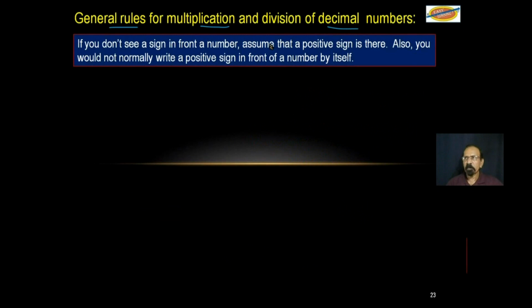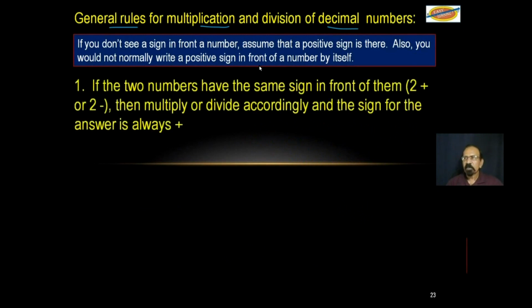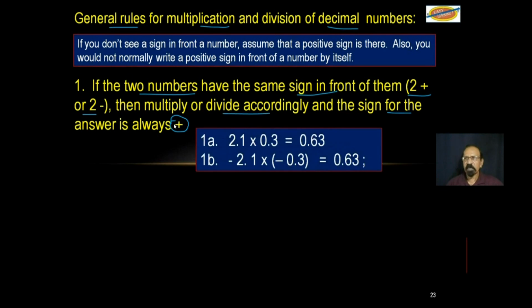Now, the general rules for multiplication and division of decimals. Of course, remember, if you don't see a sign in front of a number, it means plus. So if the two numbers have the same sign, like 2 plus or 2 minus, then multiply or divide accordingly, and the sign for the answer is always positive. For example, 2.1 multiplied by 0.3 is equal to 0.63.